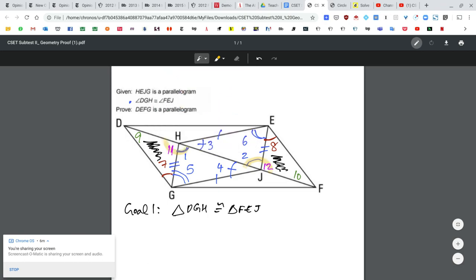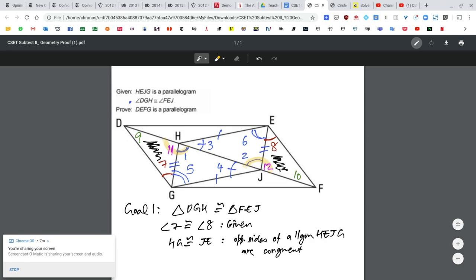So first we know that angle 7 is congruent to angle 8. That was given. We also know that HG is congruent to JE, because the opposite sides of a parallelogram, HE and JG, sorry, are congruent.